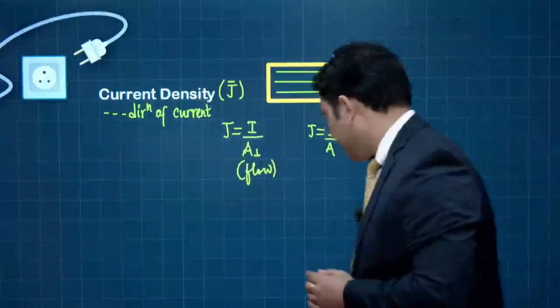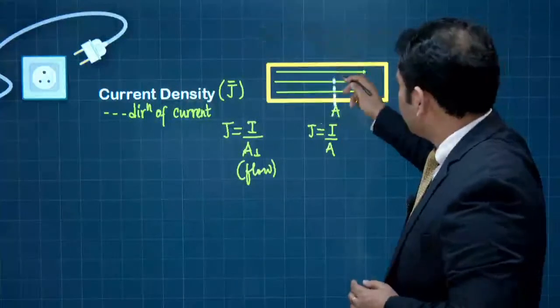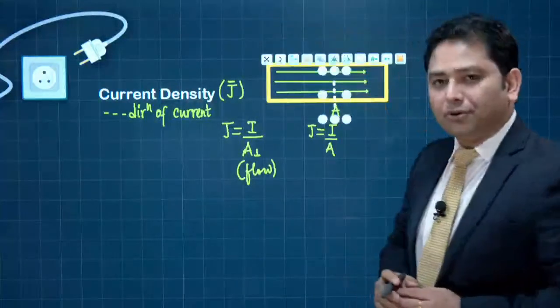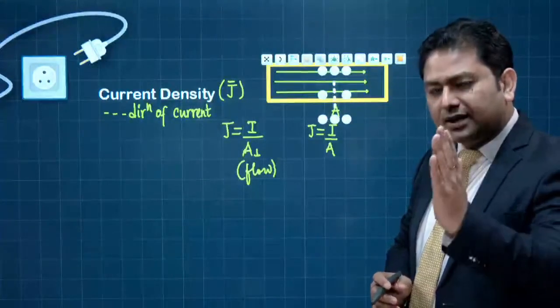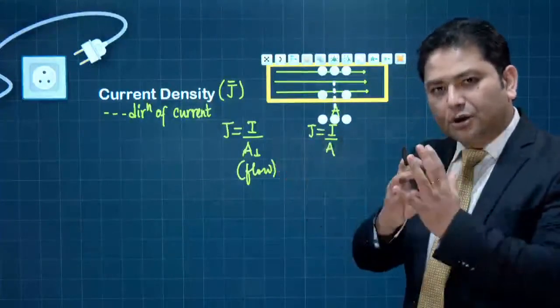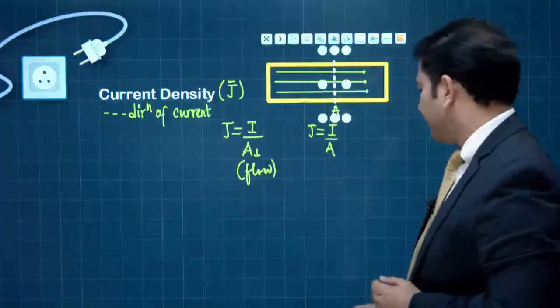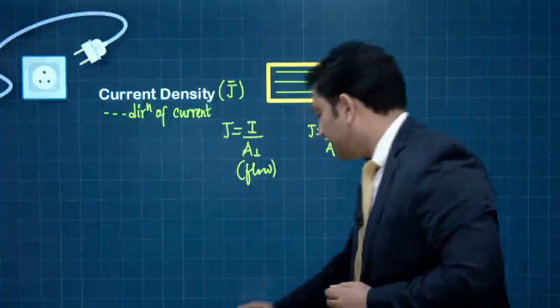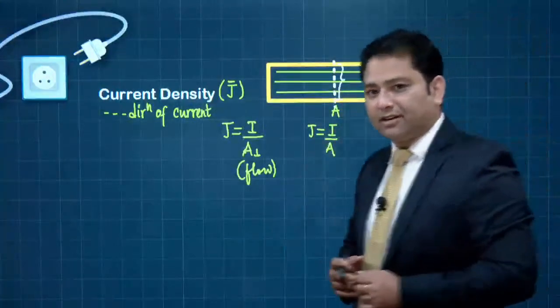It is not that you just take a perpendicular area and only that much area. That will be wrong. The area should be perpendicular, and it should include all the given streams of current, something like this. So this much area is what you will take in order to measure the current.